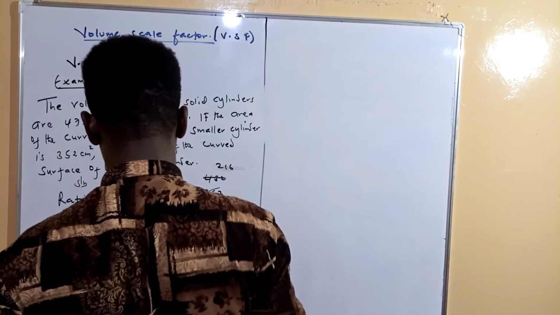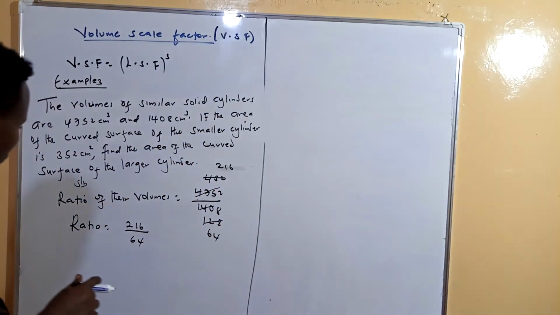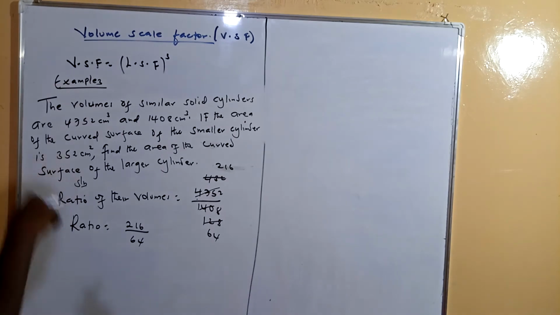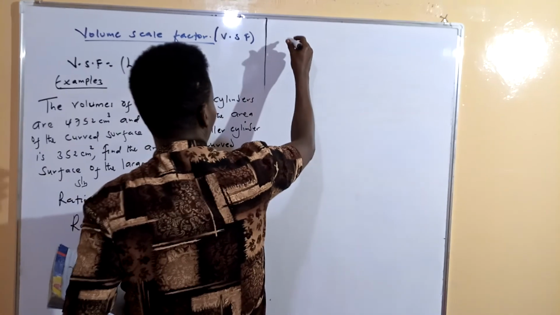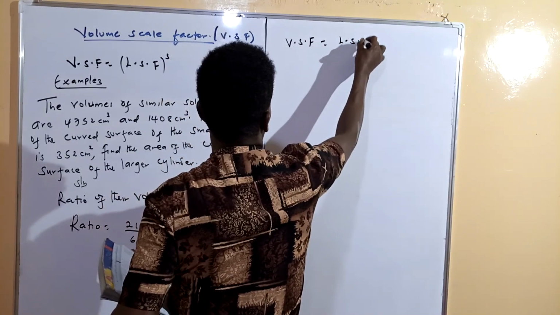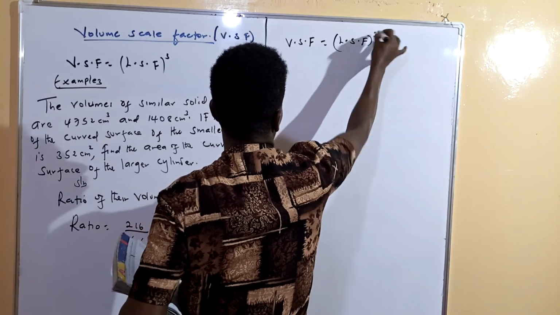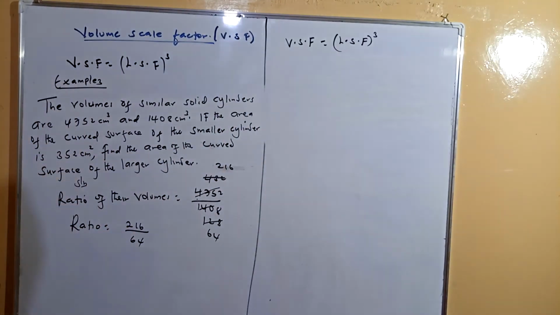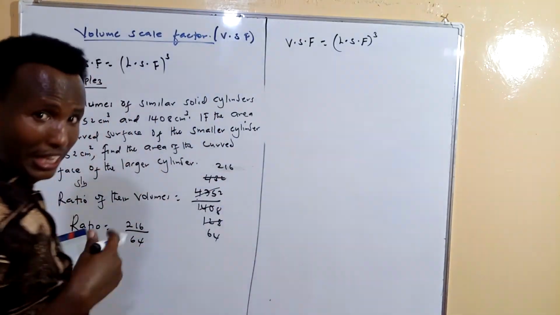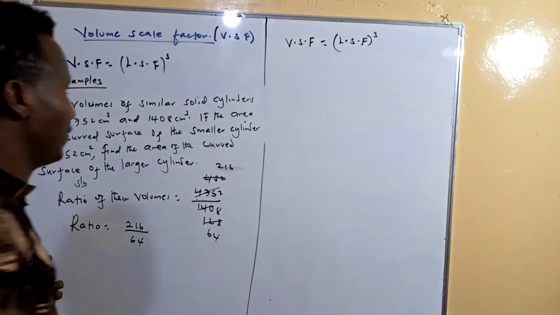If we go ahead, we know that volume scale factor is equal to linear scale factor cubed. Let's get the linear scale factor first, because for us to talk about area scale factor, we must know the linear scale factor.